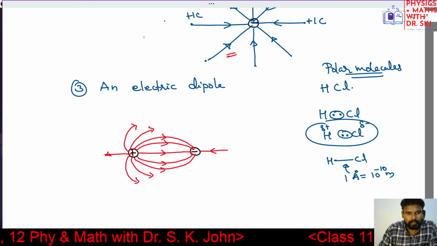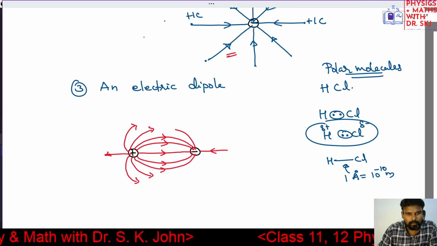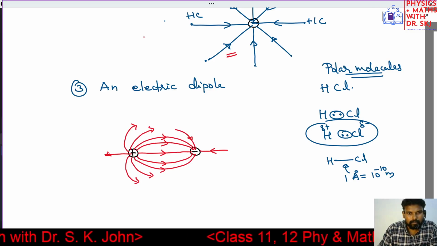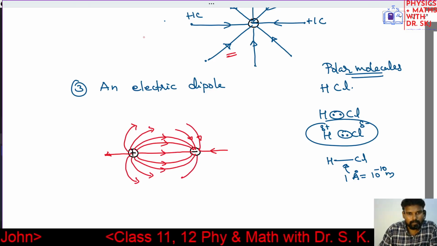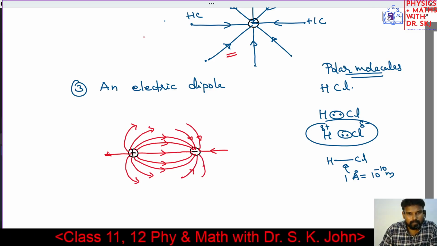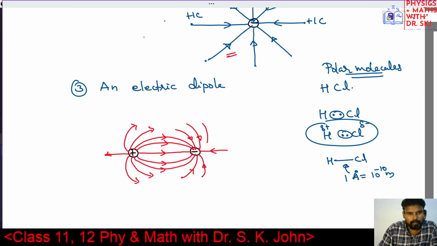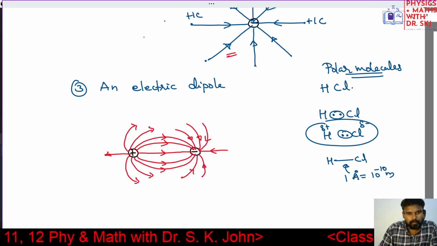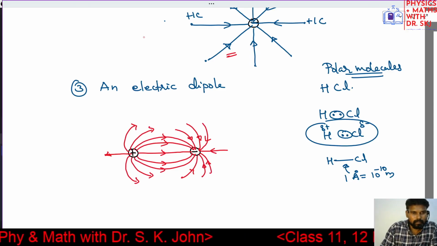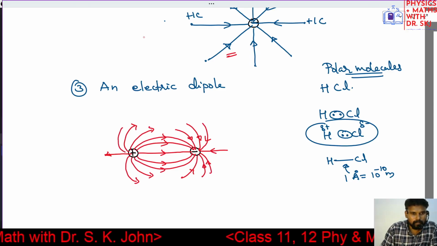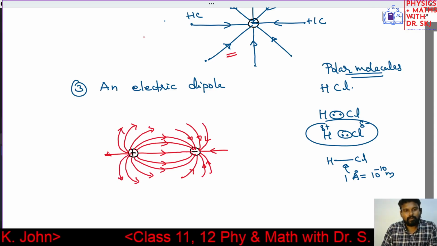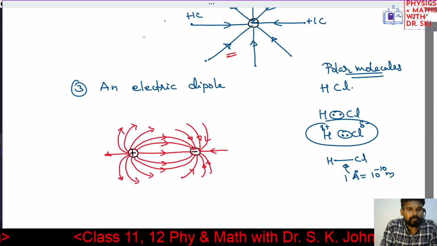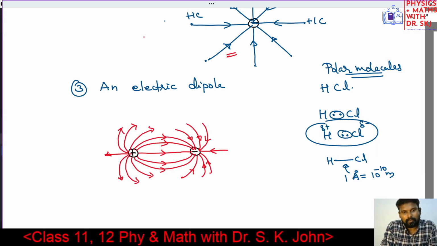So you have to be careful. Okay, this is how to draw the field lines of an electric dipole.